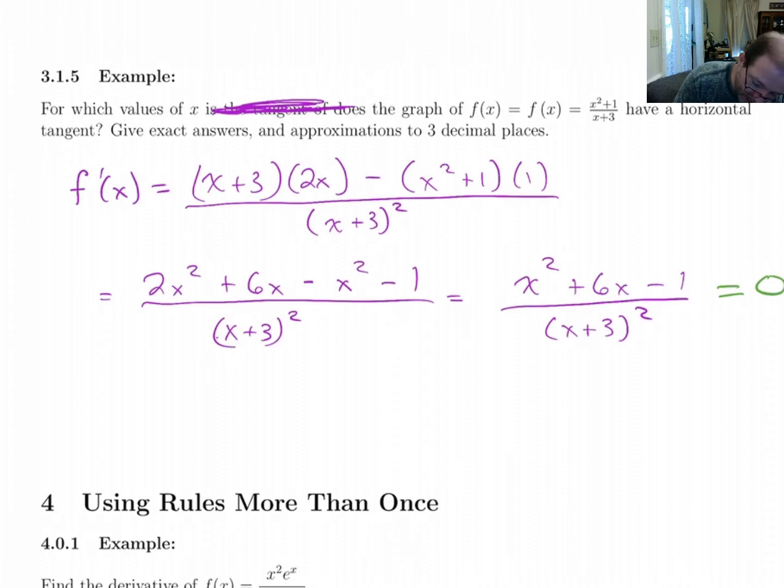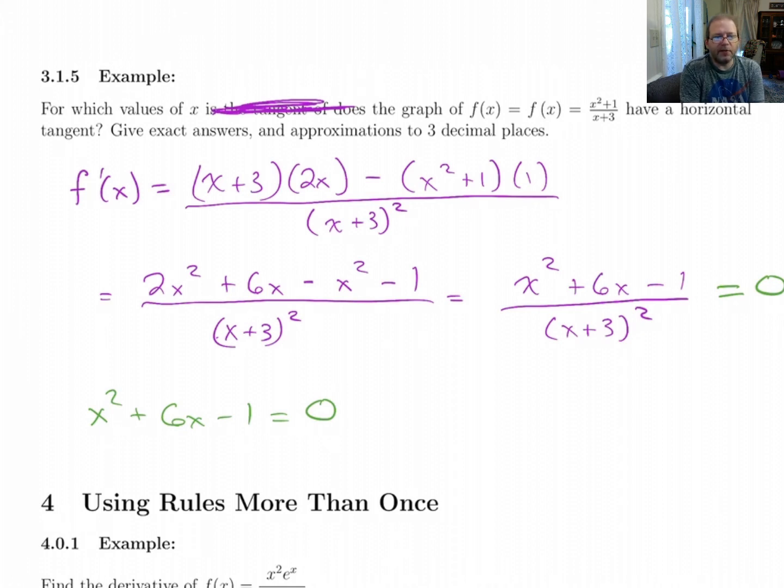That gives me x squared plus 6x minus 1 equals 0 times something. I'm not going to write the x plus 3 squared there because it's multiplied by 0. It'll go away. So we've got to solve this equation here.